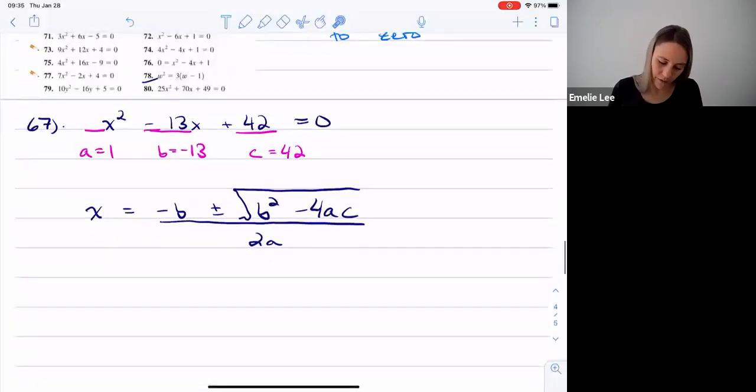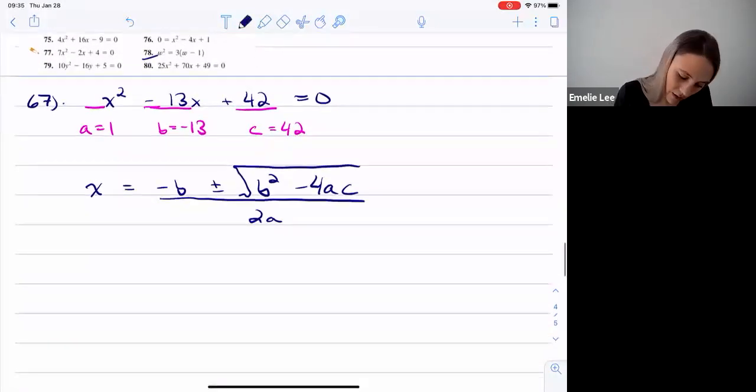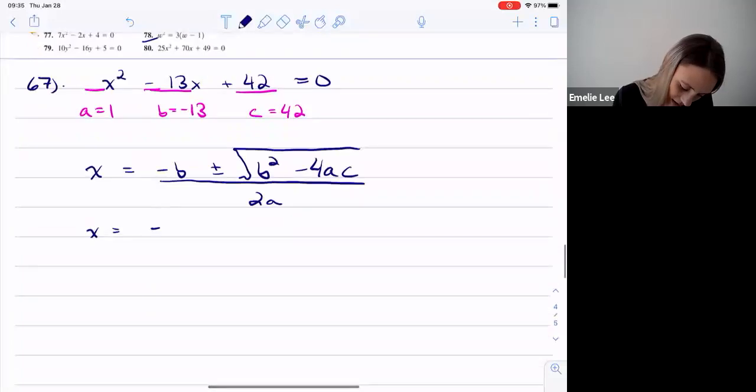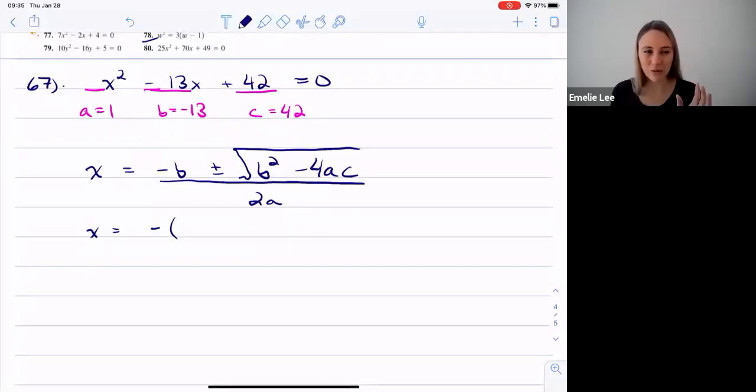Because we've identified A, B, and C, we just have to plug them in, making sure you keep those negatives if there are negatives, because otherwise it'll mess things up. In our case, x is negative b, which is negative 13, so I want to keep that negative here.